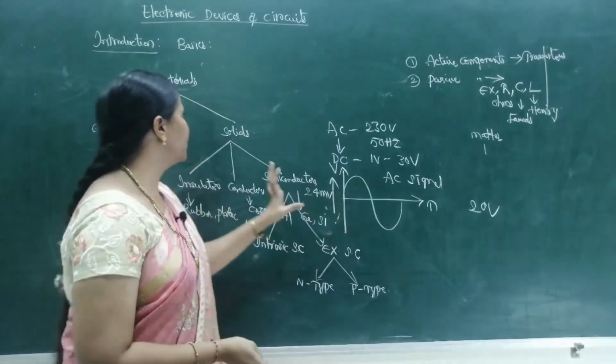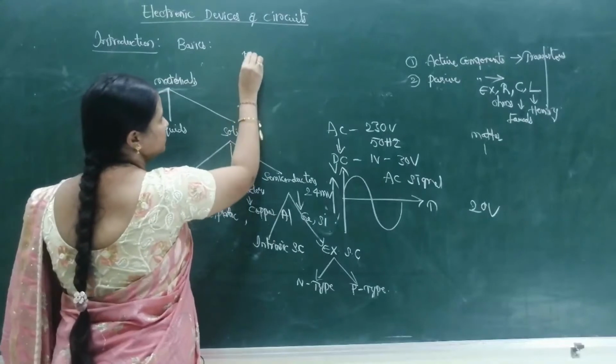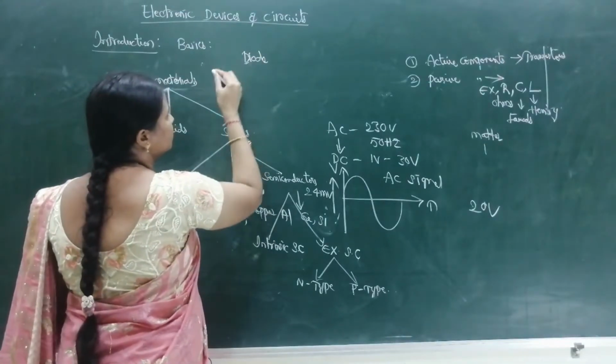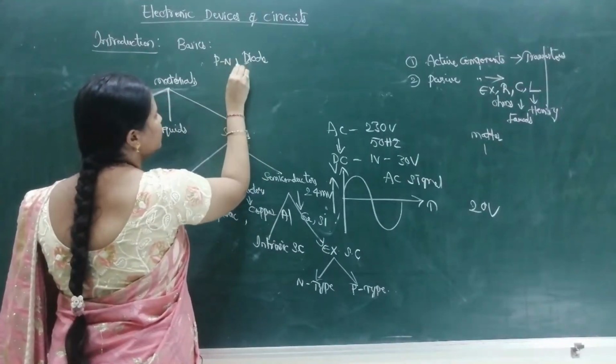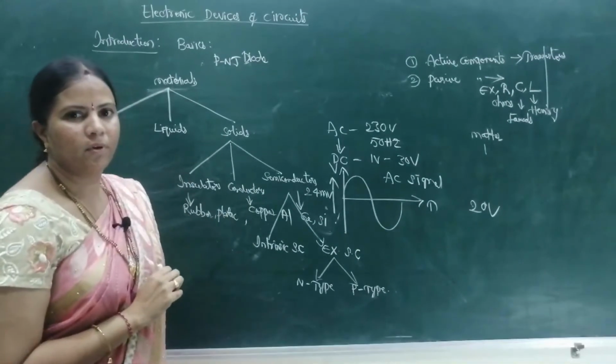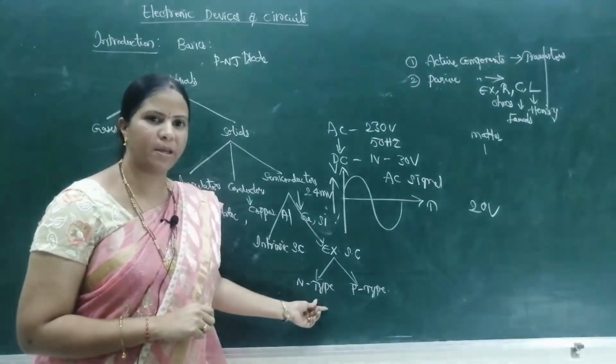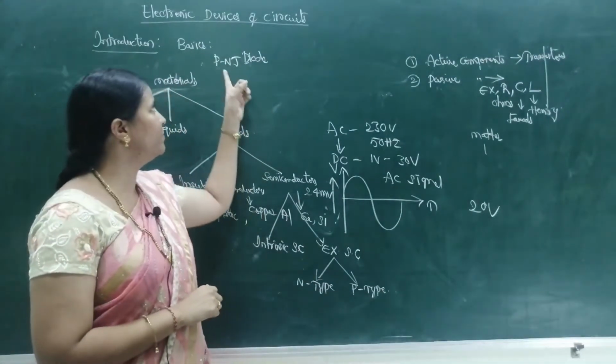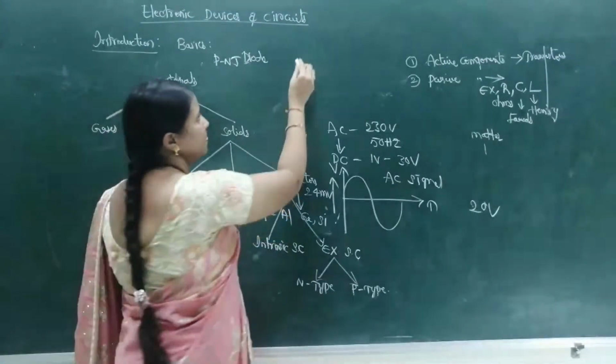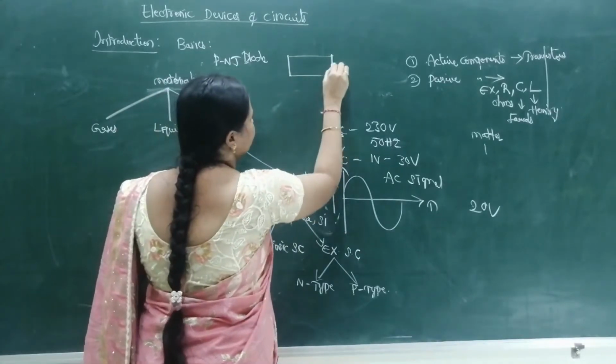So, next, how will the diode form? PN junction diode. When we are joining P-type semiconductor with the N-type semiconductor, it will form a PN junction diode. It is like this.